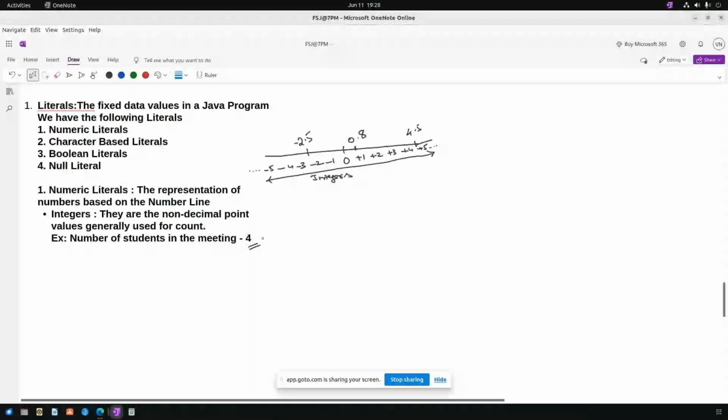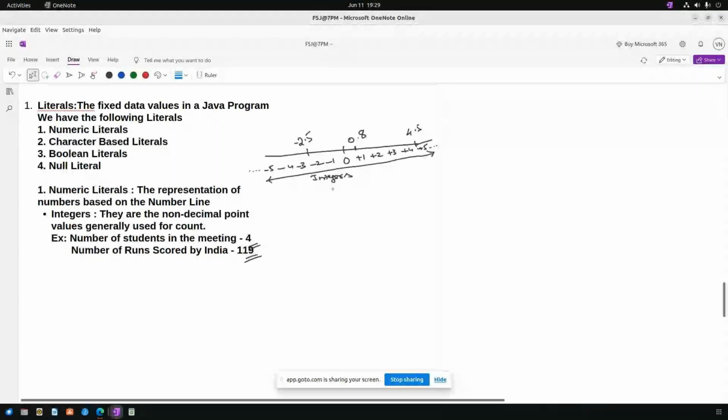Now for example, if I ask you the number of runs scored by India, you will say something like 119. This is also a number without a decimal point.